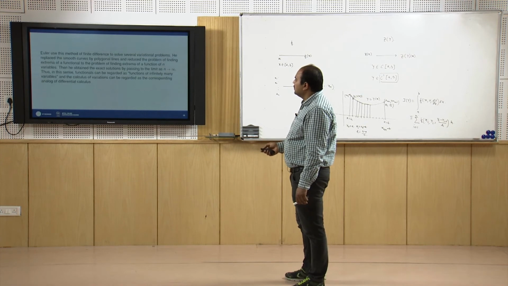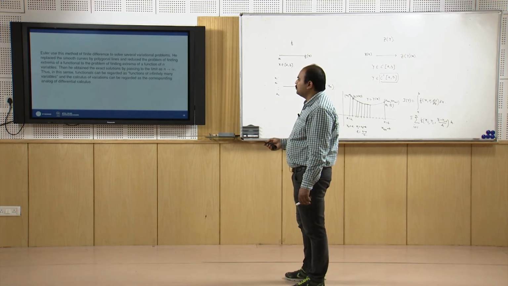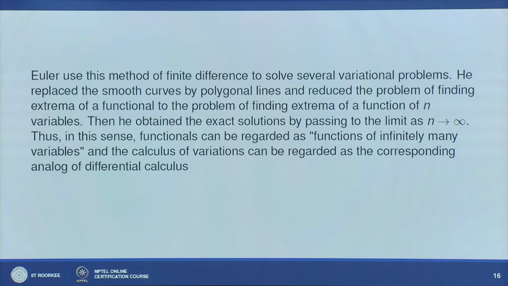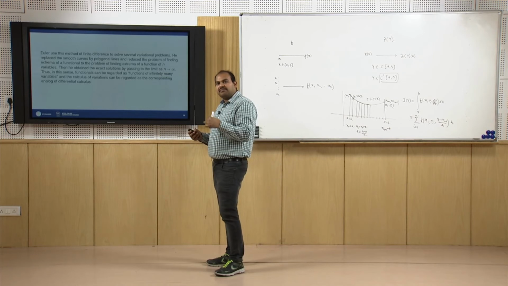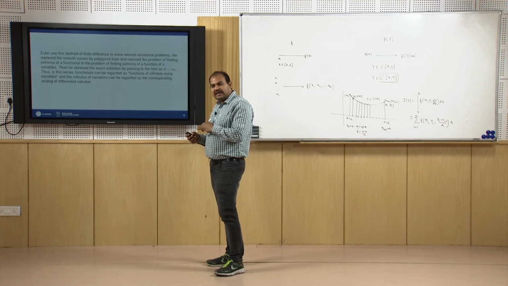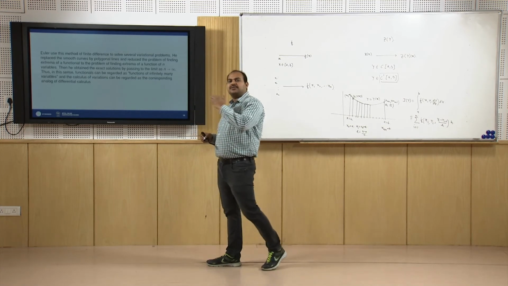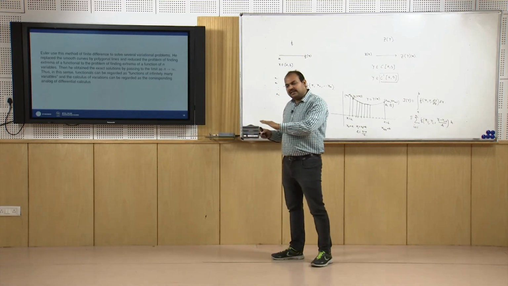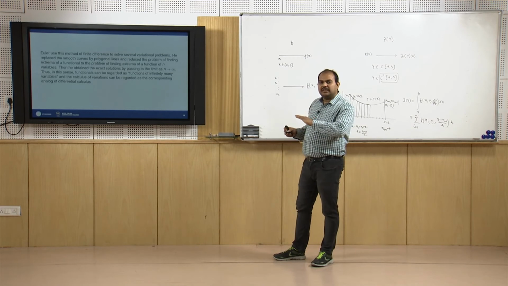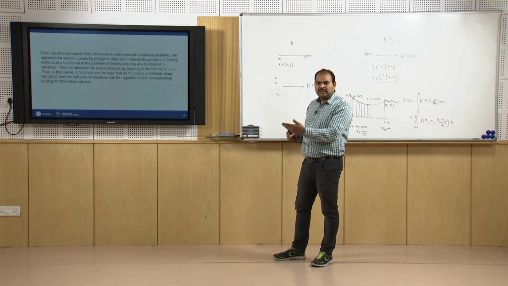So Euler used this method of finite difference to solve several variational problems in a way such that the functional is truncated into a function of n independent variables, and he tried to maximize and minimize the function of n independent variables, and then he tried to consider the limit as n tending to infinity, and then tried to conclude the maximum and minimum of the corresponding functional.